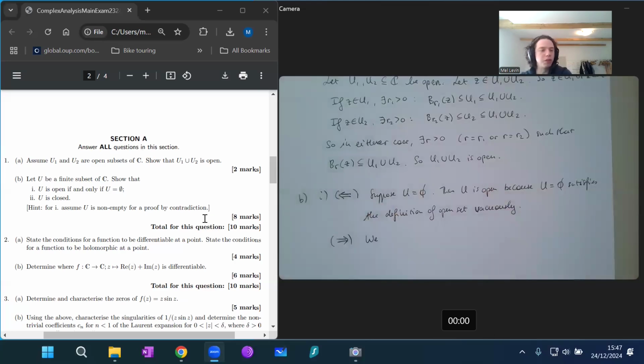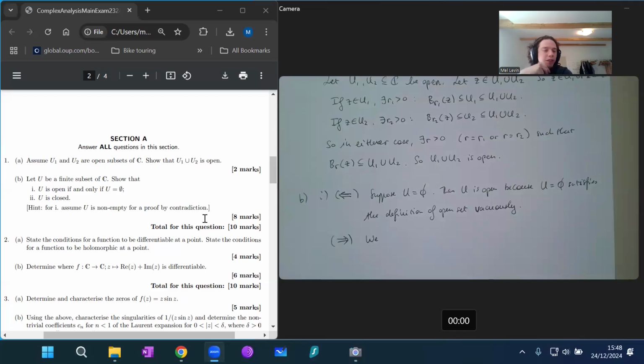So if we're trying to show U is open implies U is empty, the contrapositive of that is U is non-empty implies U is not open. Keeping in mind that U is finite. U is assumed to be finite throughout all of this.